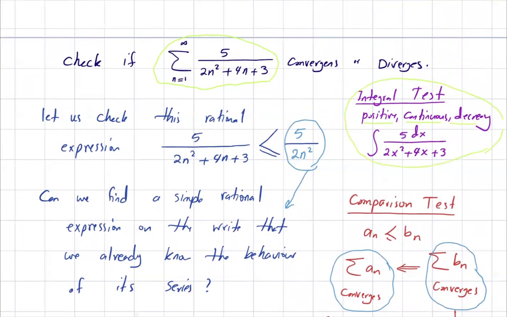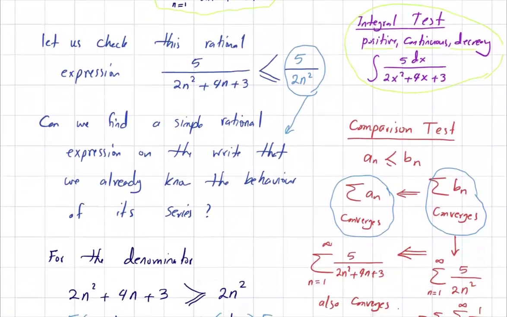But I'm going to use a simpler method, which is the comparison test. Comparison test says, hey, if an is less than or equal to bn, and if the larger series is convergent, you can conclude that the smaller series is also convergent as well.